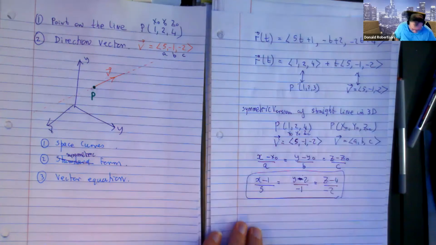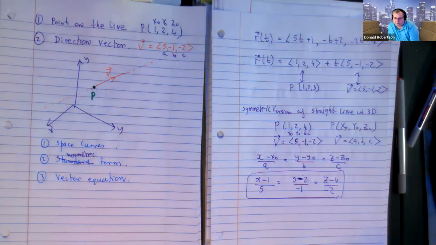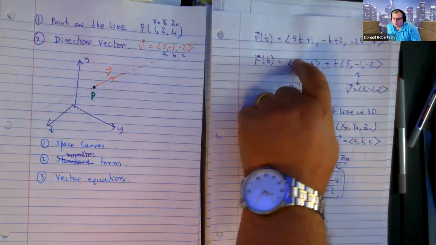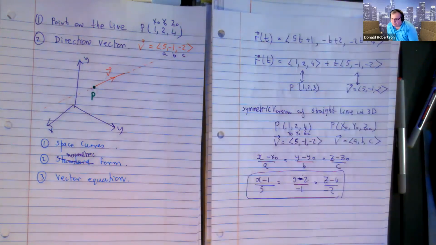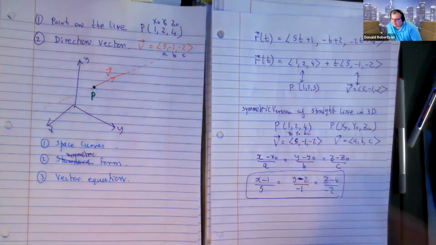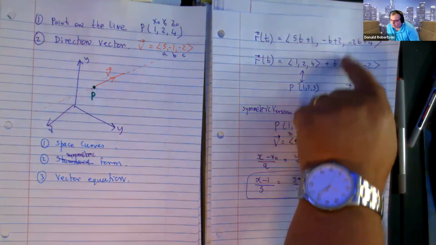I got it wrong here. And that package is called the symmetric form of the equation of a straight line. These two are almost identical, aren't they? They're just slightly different ways of writing the same thing. Would you agree this one is quite different in looks to these two?